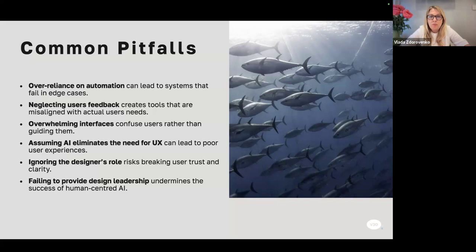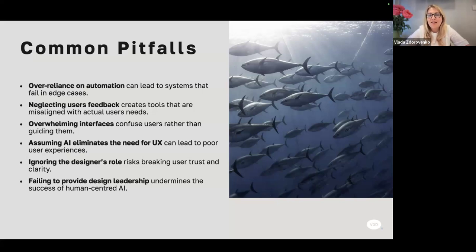Also, neglecting user feedback can lead to creating tools that are not aligned with user needs. And that means that feedback loops should be added to the experience. And sometimes when I use AI tools, they are providing several options to choose between one and another.